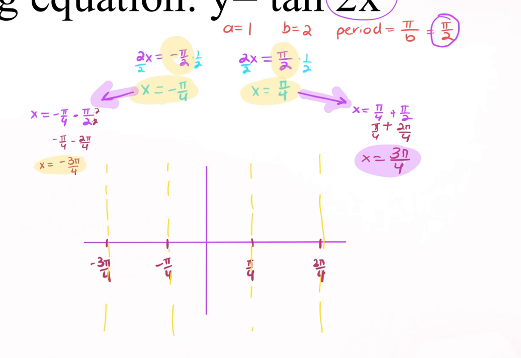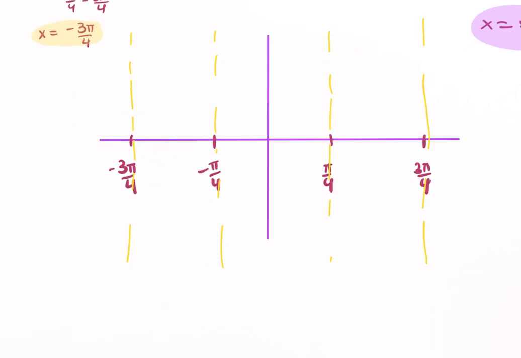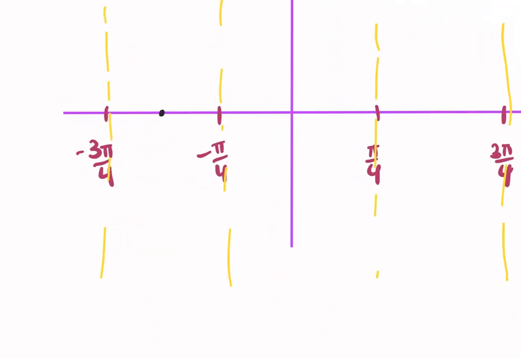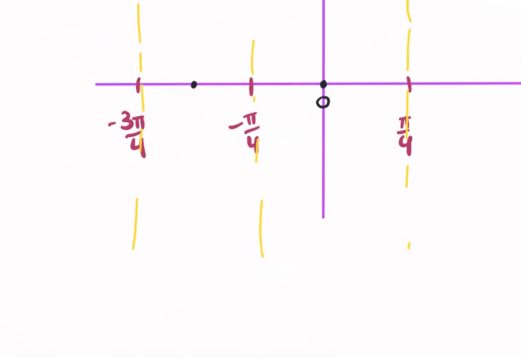Then I'm going to find the point halfway between, and this has to be precise. So halfway between negative 3 pi over 4 and negative pi over 4 is what we have to find. If it's obvious, like in between negative pi over 4 and positive pi over 4, that would be 0. If it's obvious, you could just write it. If it's not obvious, then you're finding the average between those.